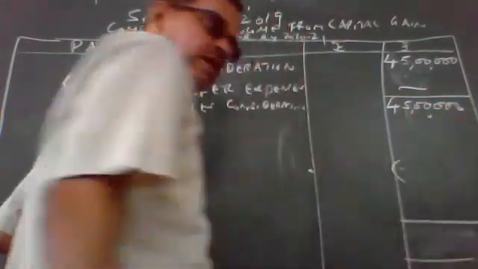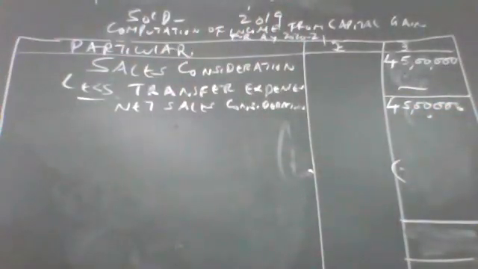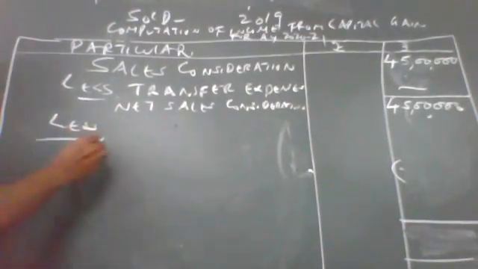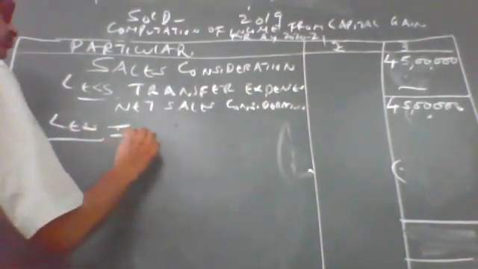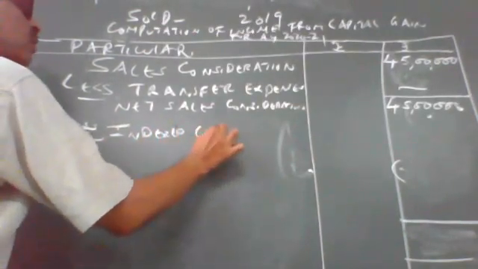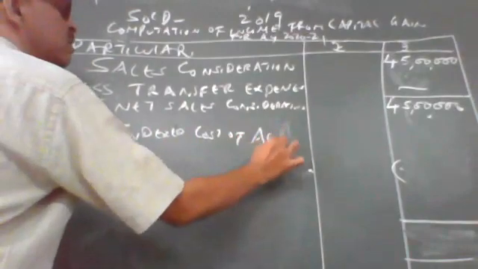Now, you have to compute the indexed cost of acquisition. This is a little bit complicated because fair market value is also given.